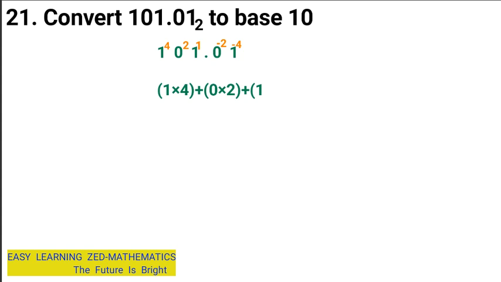Now I come to this number. I'm not going to put the decimal point, I'll ignore it. So I come to 0, and I'm going to write plus. Since the place value of this number is -2, I'm going to get rid of the negative by writing 2 as a fraction, which is 1/2.